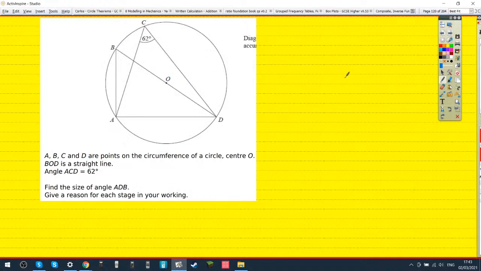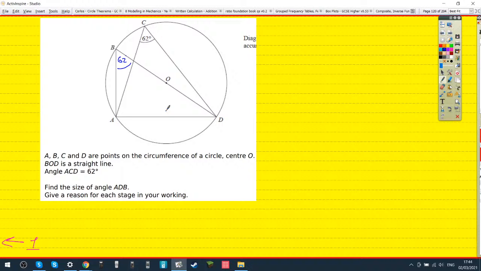So let's now just bring them all together. Angle ADB. Alright, how do we do this? ABD. Well, C and B are the same. Yep. So B is 60 degrees. That line is 180 degrees.